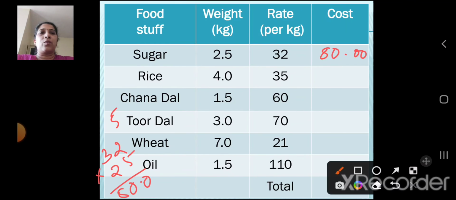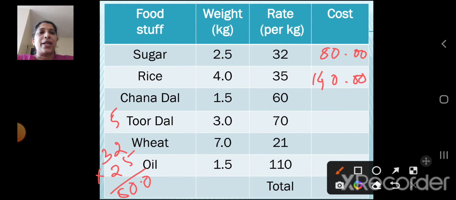Now 4 is the weight of rice and 35. So 4 5s are 20. So 2 carried over, 4 3s are 12, 13 14. So cost is 140. Right? Now chana dal, it is 1.5 and rate is 60. Right? So 15 6s are 90.